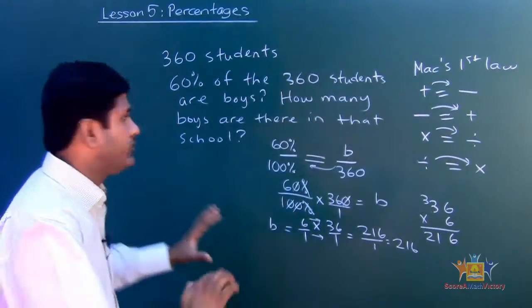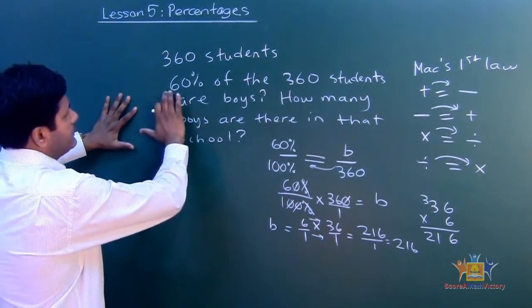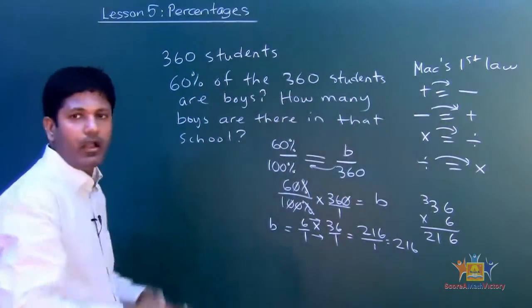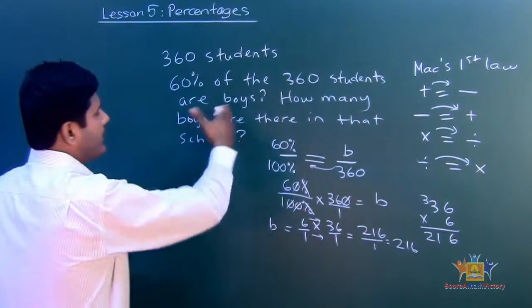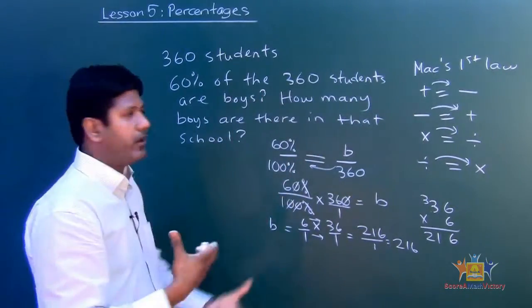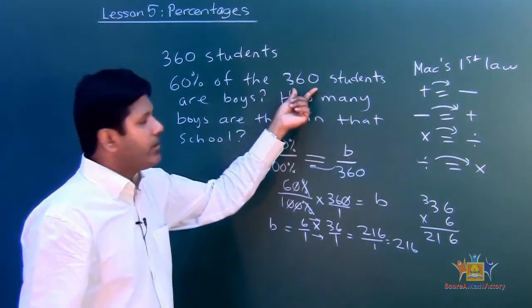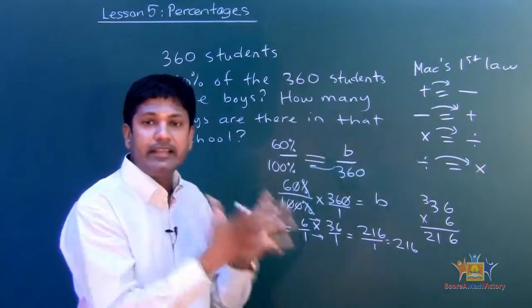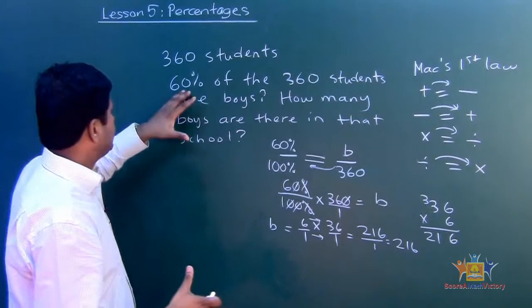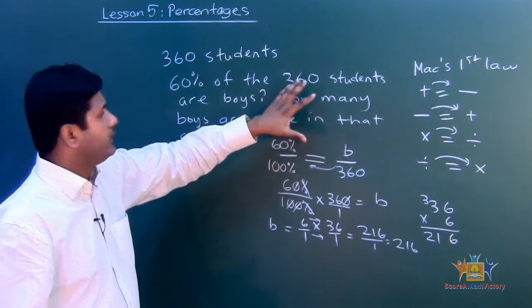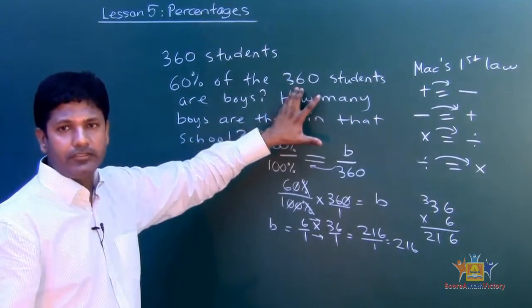Now let's review. I've been told 60% of the 360 students of a school are boys. That means 360 has boys and girls in it. 60% makes boys and 40% makes girls. That 100% is the 360.